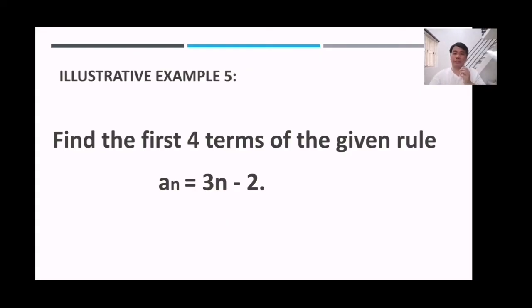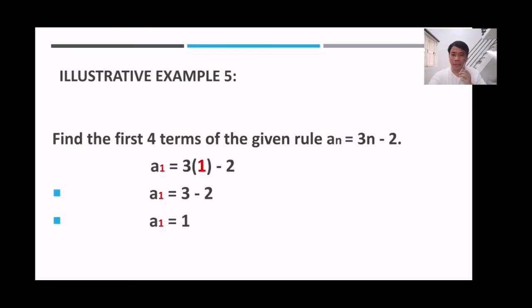We'll start with a sub 1. Okay, to solve for the first term, or a sub 1, is change this n, both n, by 1. So in solution, a sub 1 equals 3 times 1 minus 2. Saan galing yung multiplication? Galing sa rule natin.